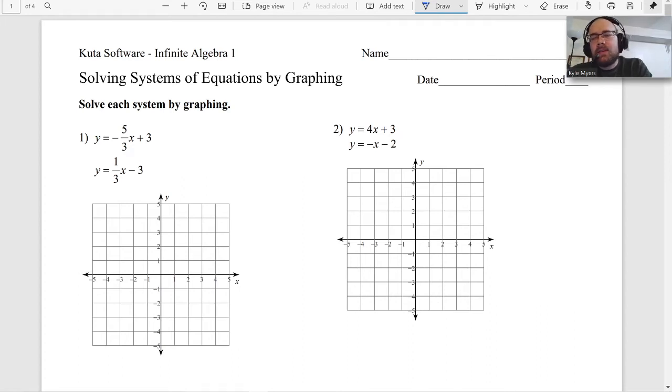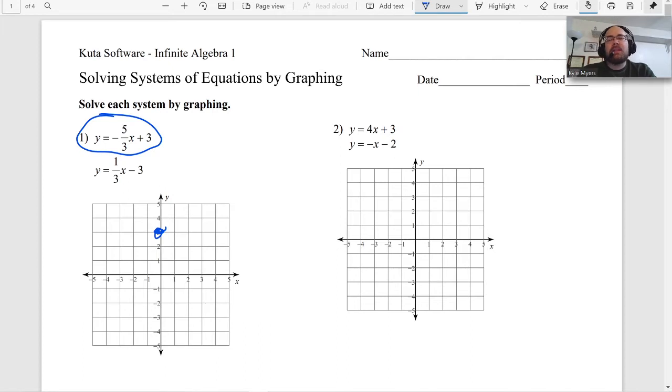So let's do some red and blue here. We'll have this graph be the blue graph. And in order to graph this, and I'll put a video about how to graph equations, but I'm not going to spend too much time on it, we're going to have a y-intercept of 3.